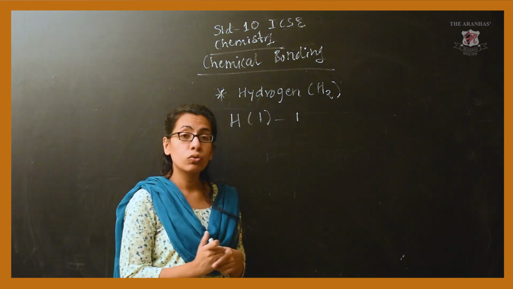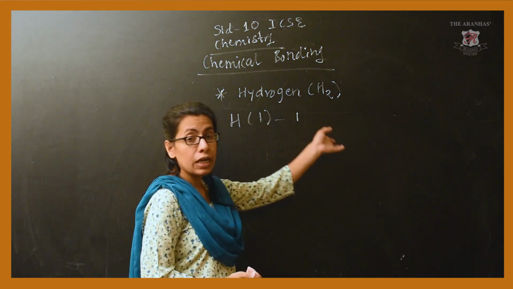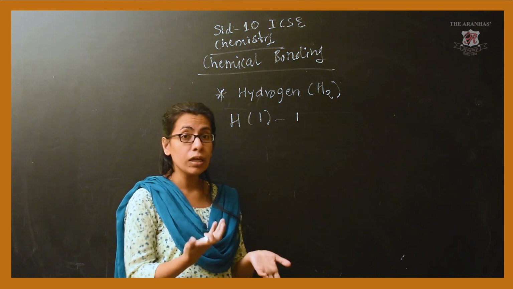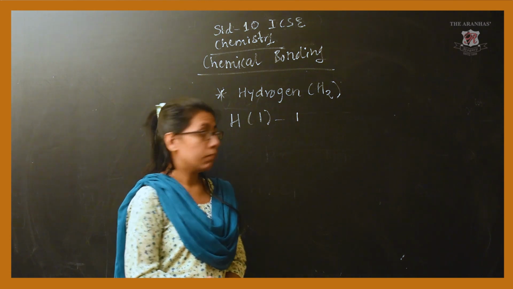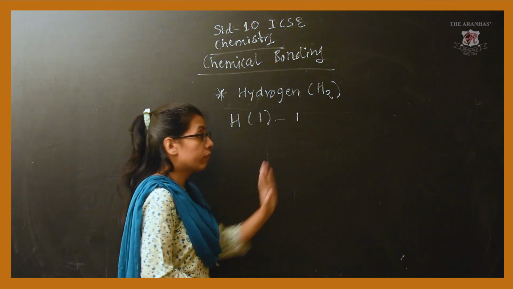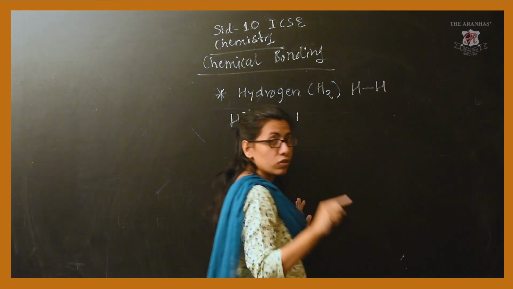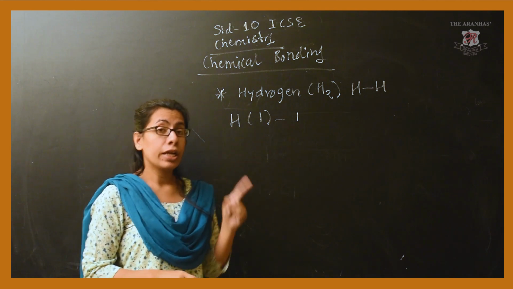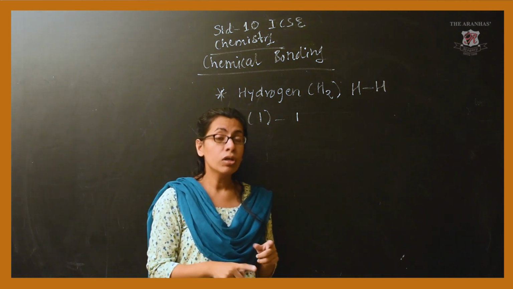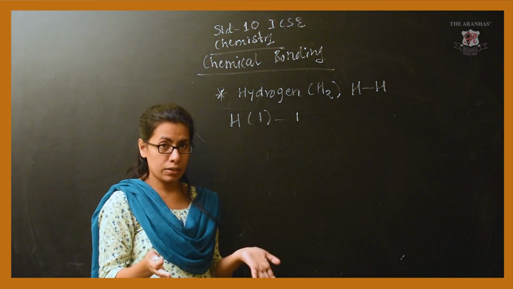Now if it wants to achieve that duplet configuration and form this hydrogen molecule, how will the process happen? Each hydrogen atom, because this is a hydrogen molecule, and it's a covalent bond, we show H single dash H. Each hydrogen atom contributes 1 electron to give 1 shared pair of electrons between the two hydrogen atoms.